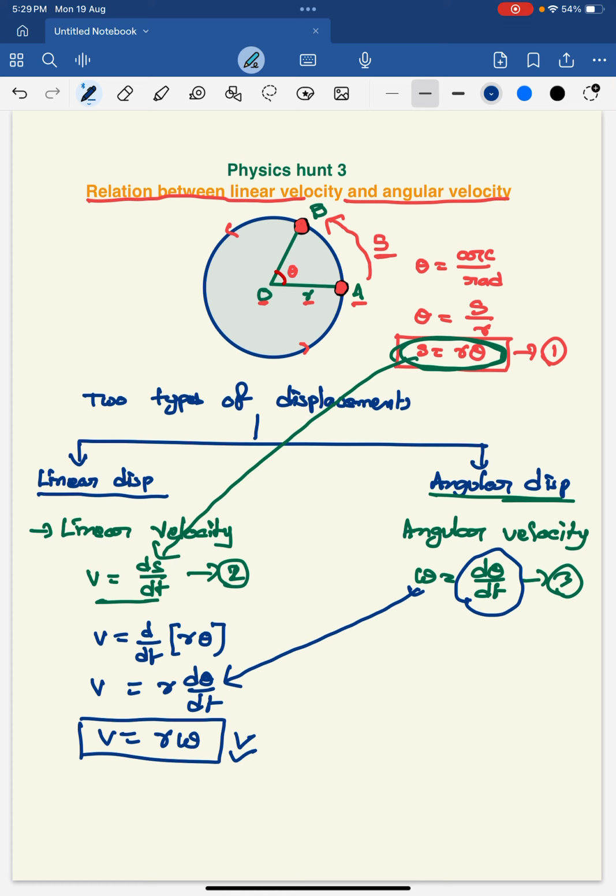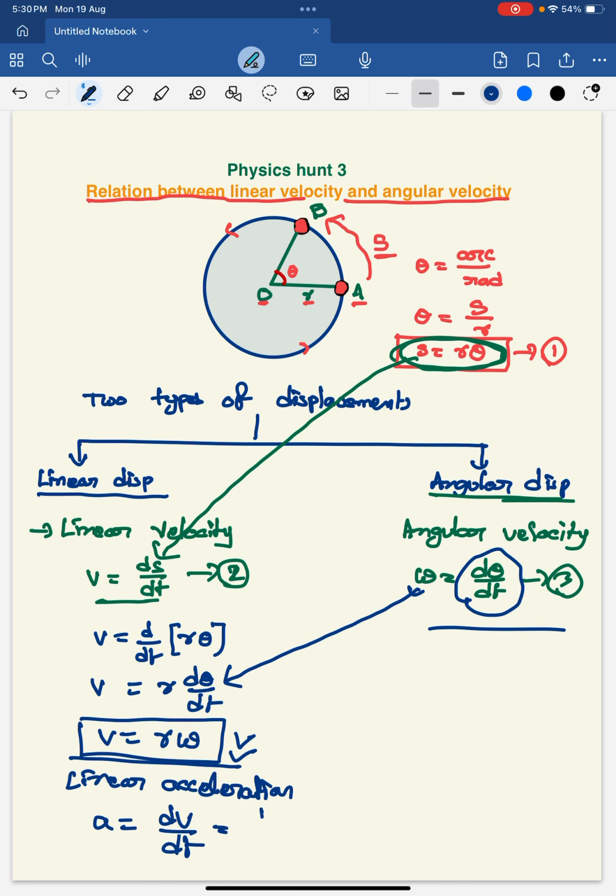After getting linear velocity and angular velocity, we can calculate linear acceleration as well as angular acceleration. Let us see. Linear acceleration a is equal to dv by dt.